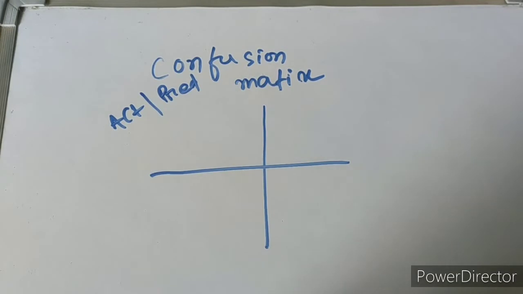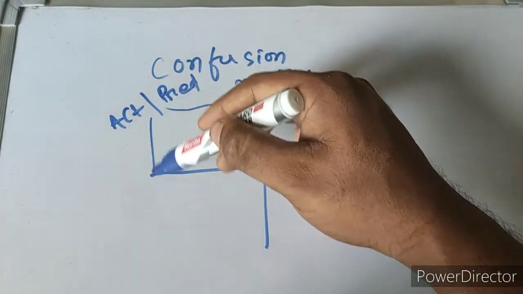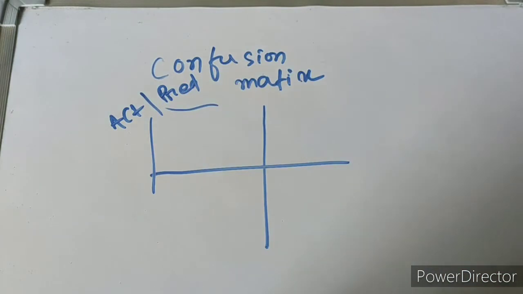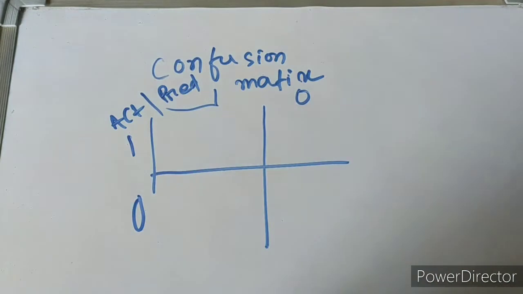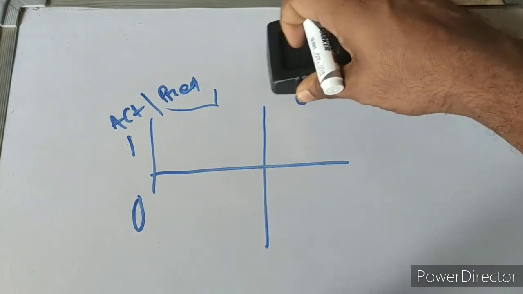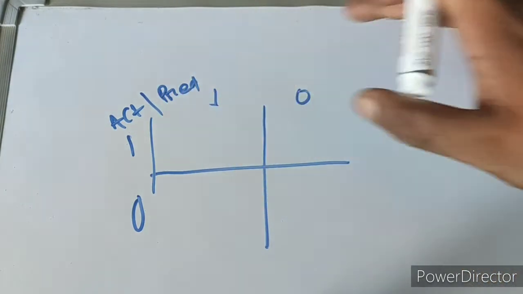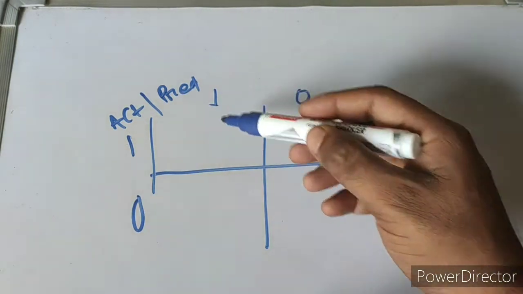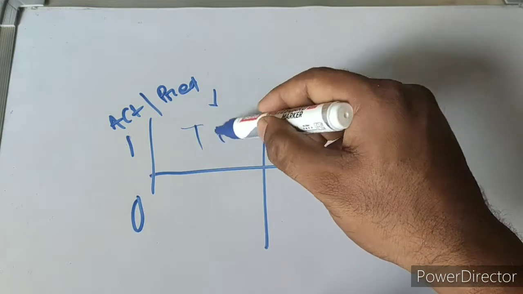As I have already explained, this column is known as the prediction, and the rows are known as the actual value. Here is 1, here is 0, here is 1, here is 0. So if prediction is 1 and actual value is 1, it is true positive.